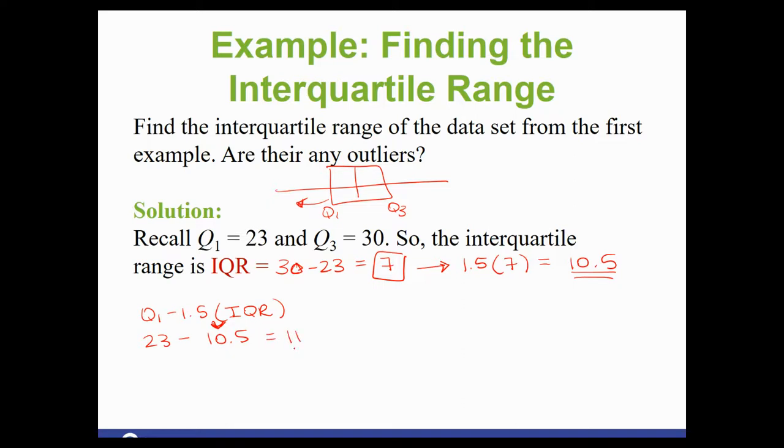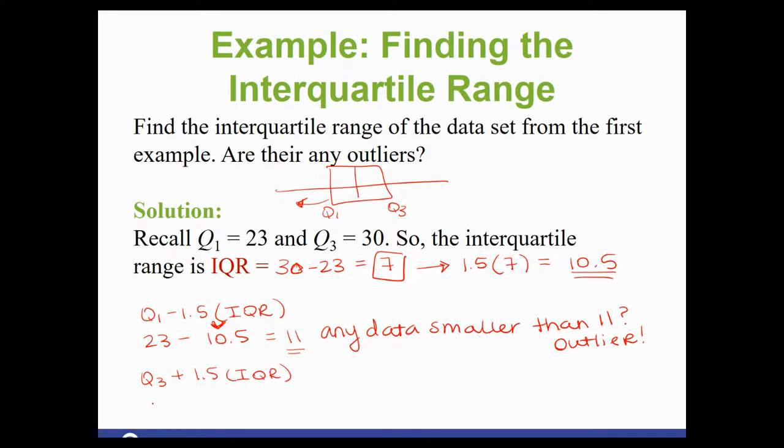So then you ask yourself, is there any data in our data set smaller than 11? If so, it's an outlier. If not, we keep on going. Now we do the same on the other end. Q3 plus that 1.5 times IQR.